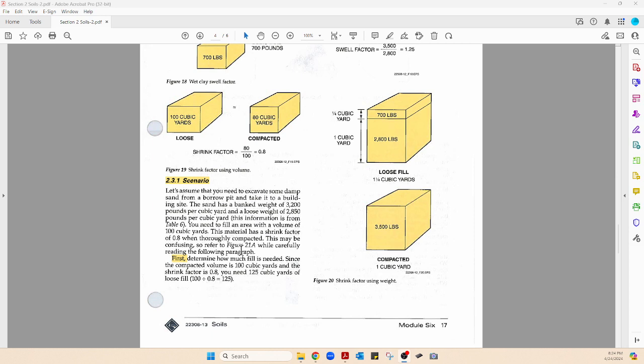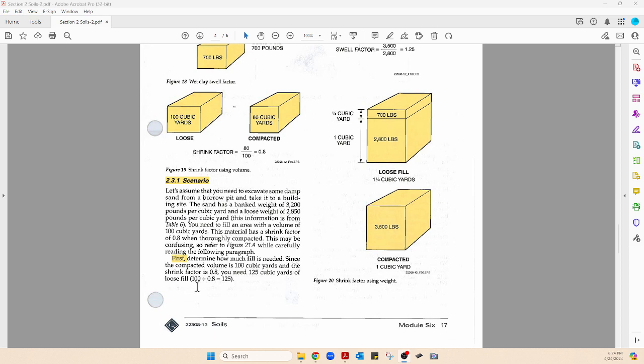First, we've got to determine how much fill is needed. Now, the fill is going to be loose, isn't it? So since the compacted volume is 100 cubic yards and the shrink factor is 8/10, you need 125 cubic yards of loose fill to end up with 100 cubic yards of compacted fill.